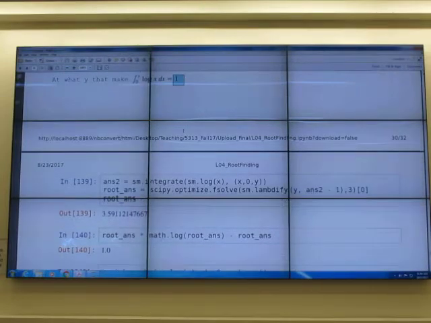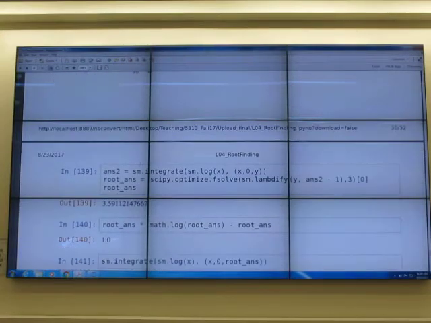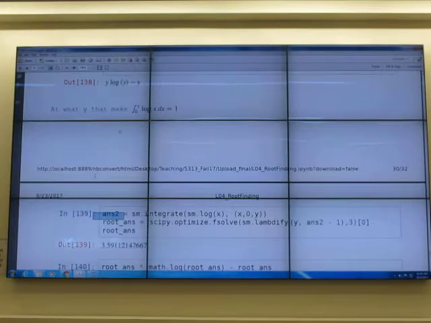Let's make the symbolic calculation with fsolve. Look at this one. I have symbolic integration of the log function of x, log x dx from 0 to y. That's the limit of integration. That's my equation, right? Do I want to know the value of this? I want to know when it will equal to 1.